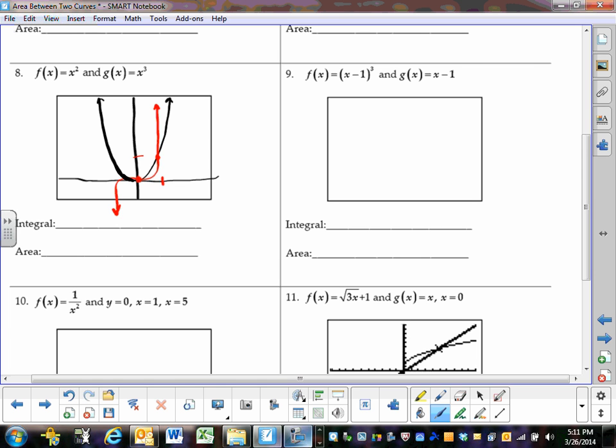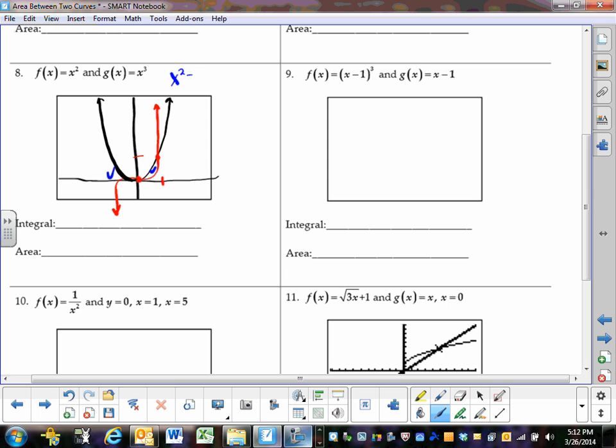Everywhere else, x squared is going to be larger. But for more of the graph, x squared is actually bigger than x cubed.